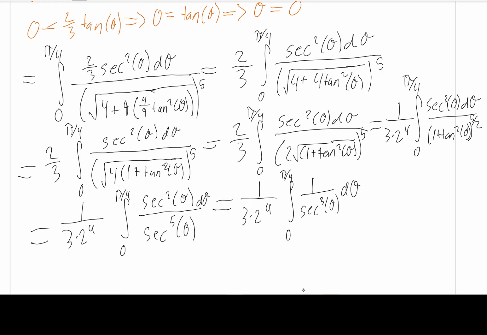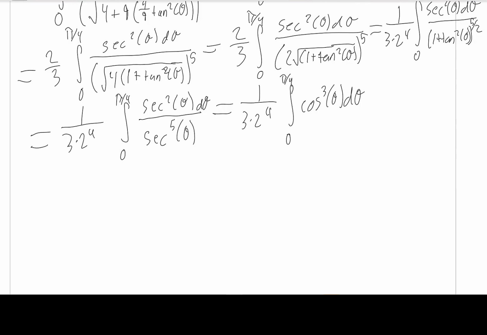Okay, so 1 over secant is the same thing as cosine, so this is cosine cubed theta. And so now we'll need to integrate this. Well, by the previous section, our rule when we have an odd exponent for cosine is that we should factor out a cosine.